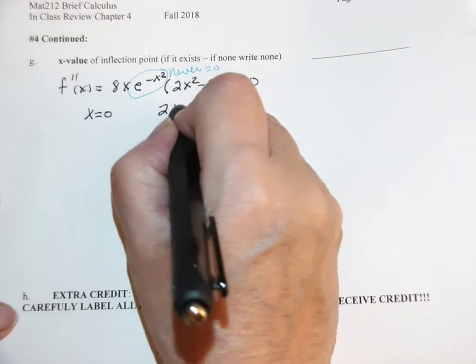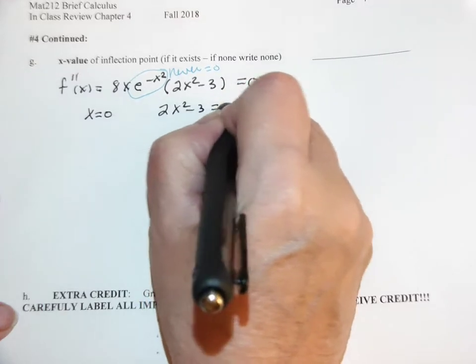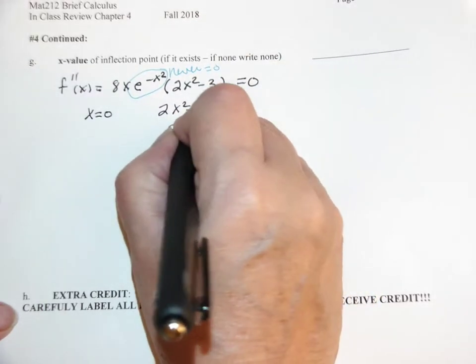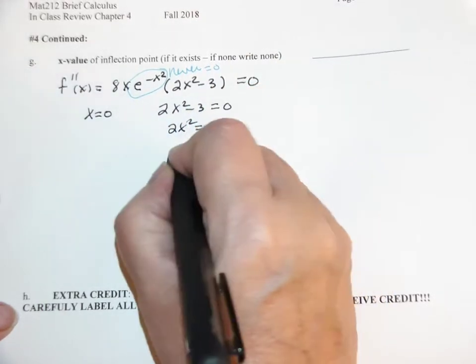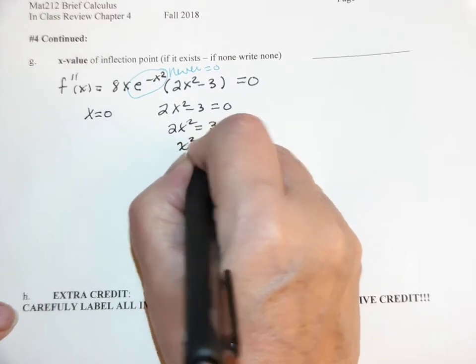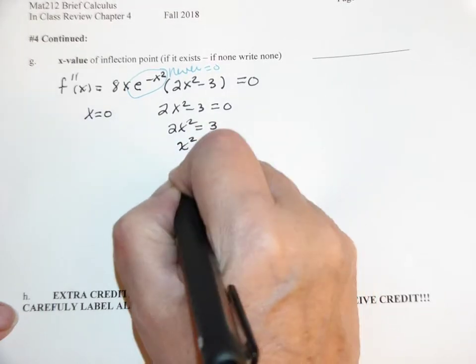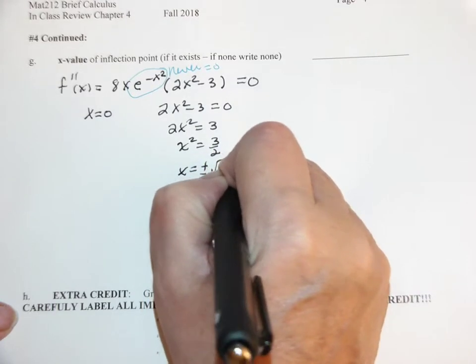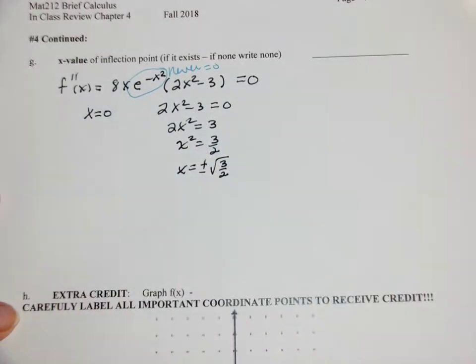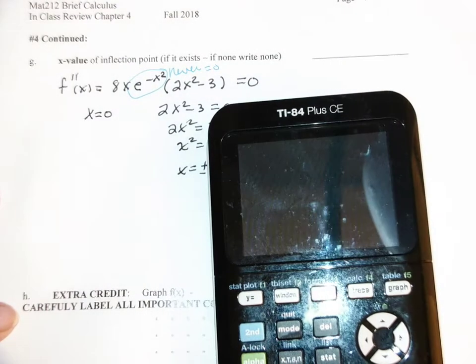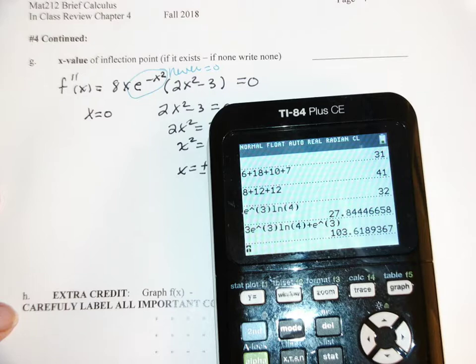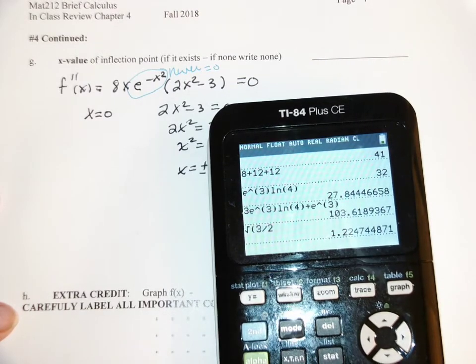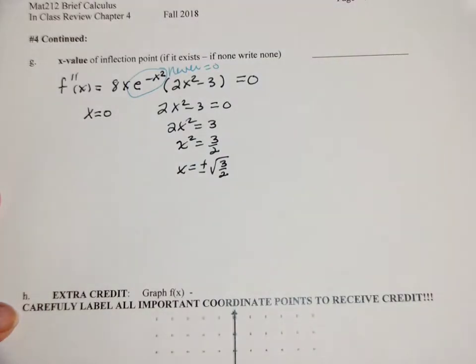But you have that 2x squared minus 3 equals 0. 2x squared equals 3. x squared equals 3 halves, or x equals plus or minus the square root of 3 halves. And plus or minus the square root of 3 halves is about 1.2.